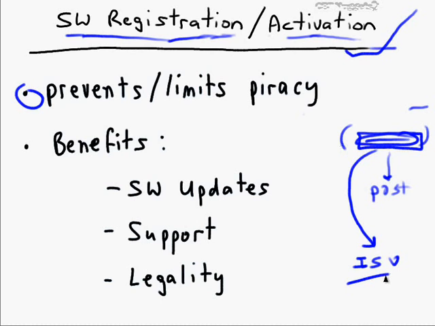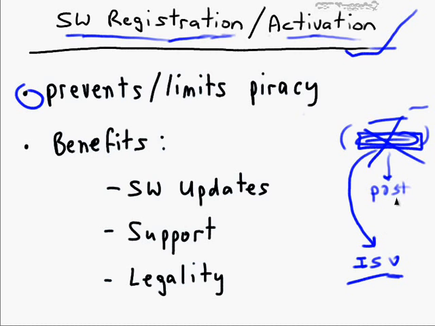Now, most independent software vendors will almost constantly scour the internet for pirated registration keys and put those on blacklists such that if you did happen to download a cracked version of the software or a version of the software with which you're registering a pirated key, the registration and activation process should be able to detect that, and sometimes independent software vendors will cripple the software if that's the case.